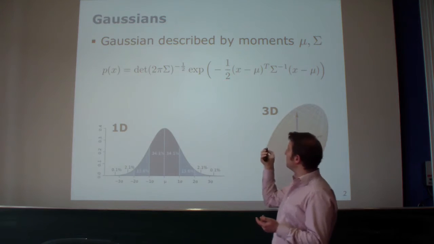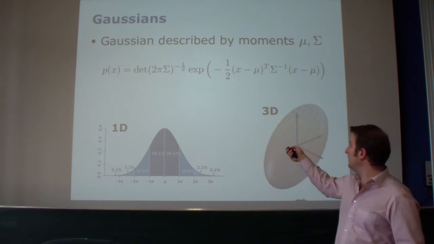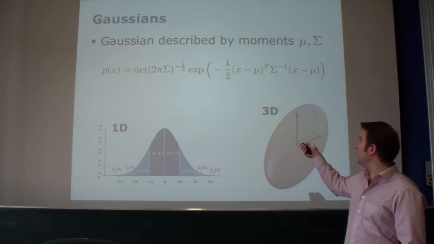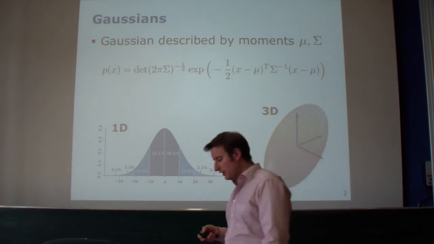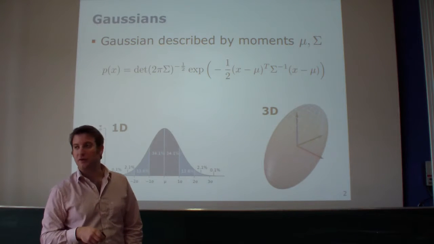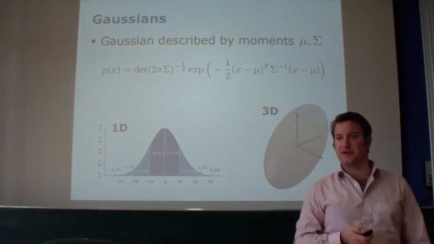So we had the standard equation of the Gaussian distribution. Here, the variable x of the probability distribution minus the mean times the covariance to the power of minus 1, so inverted, and the same term over here again. However, this is not the only way to represent a Gaussian distribution.